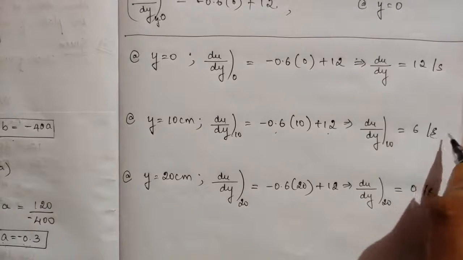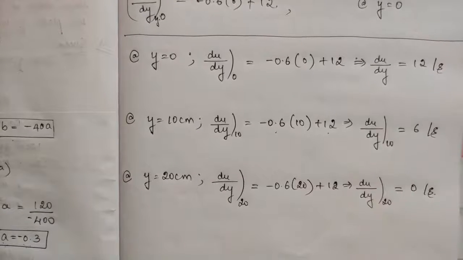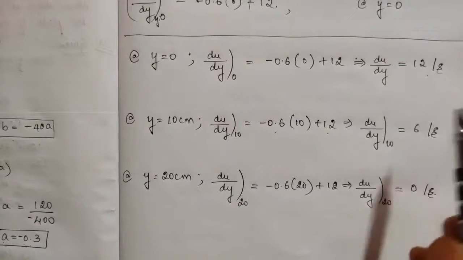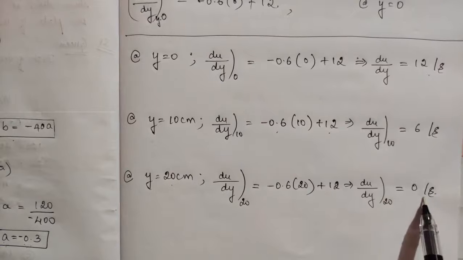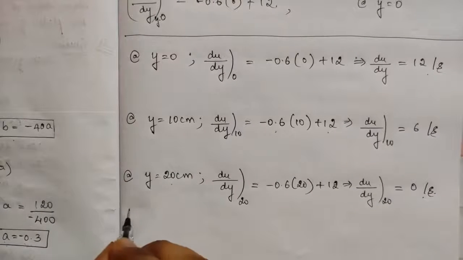Okay, this is the unit. So at y equal to 0 it is 12 per second, at 10 it is 6 per second, and at y equal to 20 centimeter it is 0 per second.